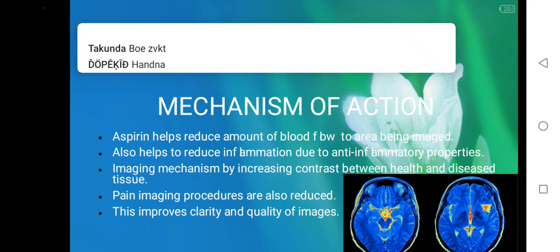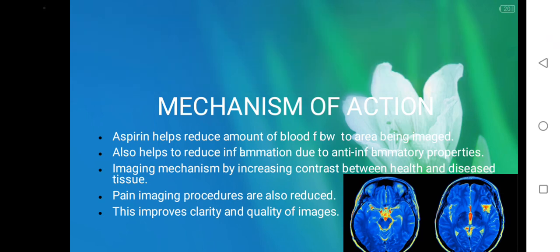Let me elaborate a little bit about the mechanism. Aspirin helps improve MRI images by reducing blood flow and decreasing the amount of time it takes for the image to be captured. This is because aspirin reduces inflammation, making it easier for blood vessels to relax, which allows for more efficient flow of blood. It prevents aggregation, which can sometimes interfere with image quality by producing unwanted artifacts.